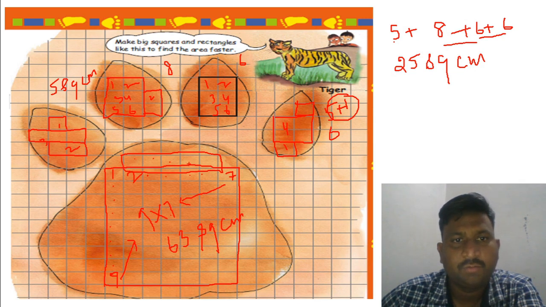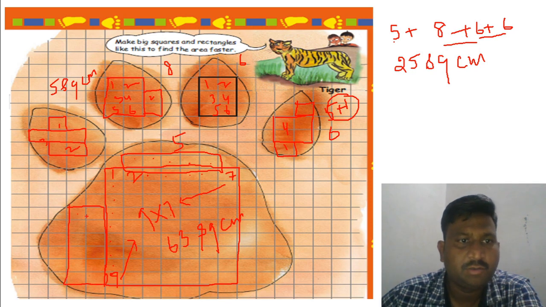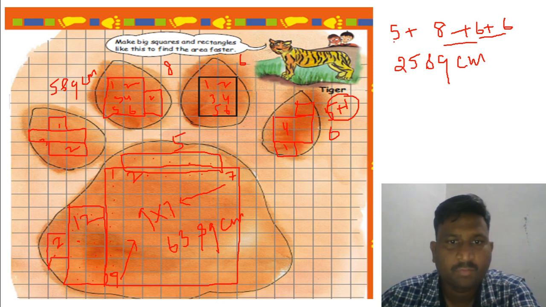Now see the other complete squares from here to here. 1, 2, 3, 4, 5. See here. 1, 2, 3, 4, 5, 6, 7, 8, 9, 10, 11, 12. 1, 2, these two.